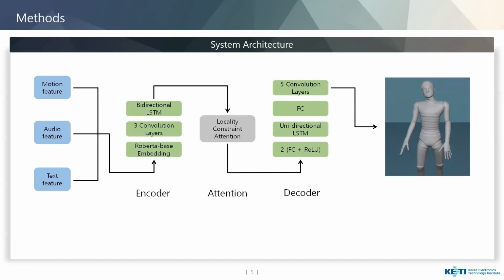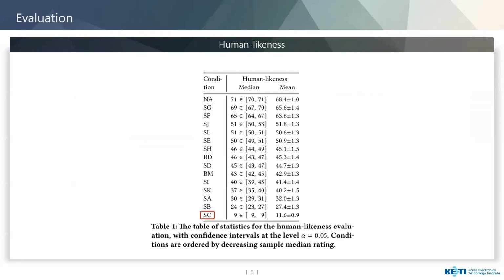Our work focuses on the features of the input data. To improve text features, we use the pre-trained BERT-based embedding, and for audio features, we used the popular MFCC, mel spectrogram, pitch, and energy with additional zero crossing rate and rhythmical features.